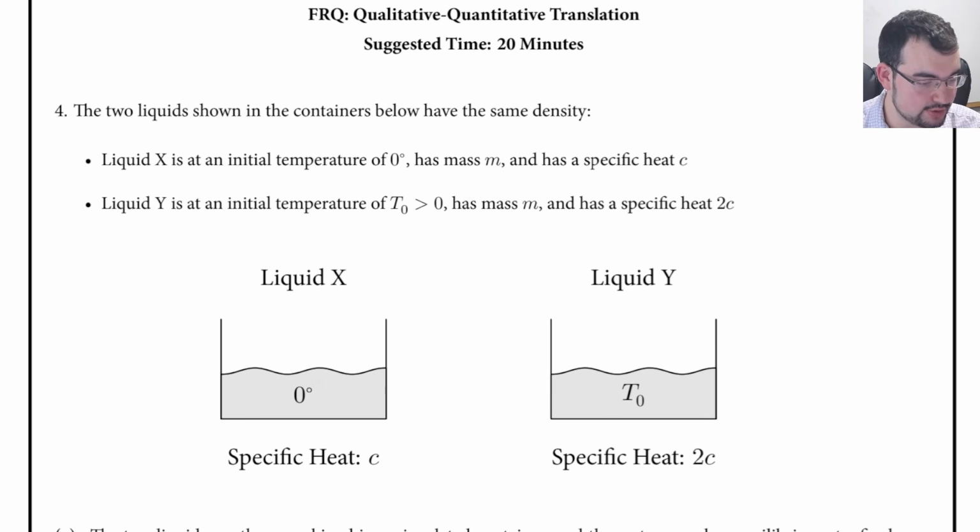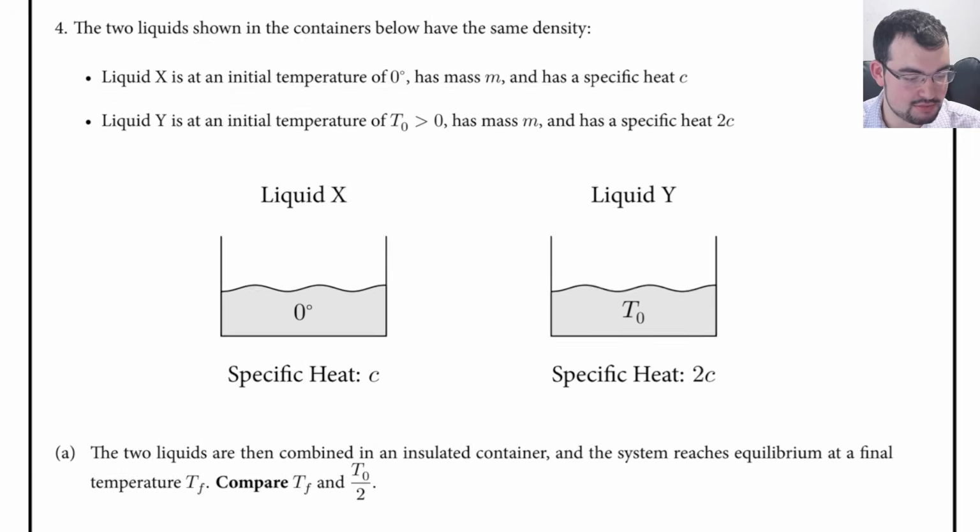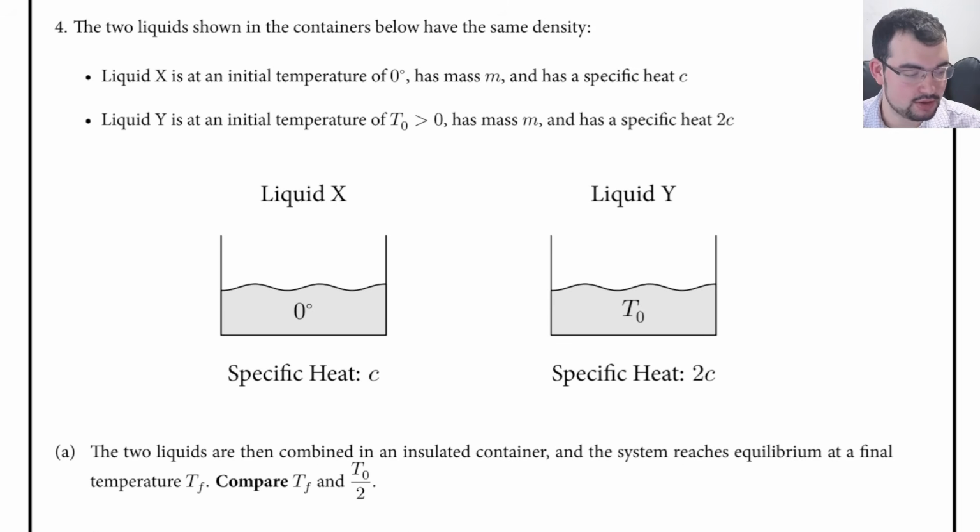So we have these two liquids. One of them is at 0 degrees in some temperature scale, and one of them is at T0, which is greater than 0 in some temperature scale. The liquids have the same mass and the same density, so they're going to mix. You might want to say that this is sort of our cold liquid, and this is our hot liquid.